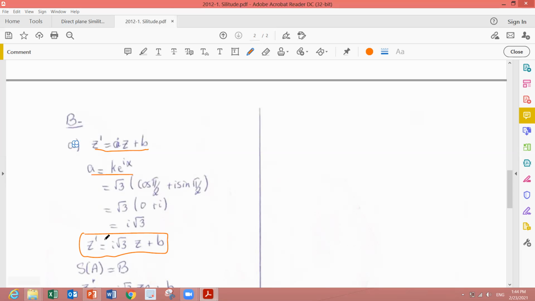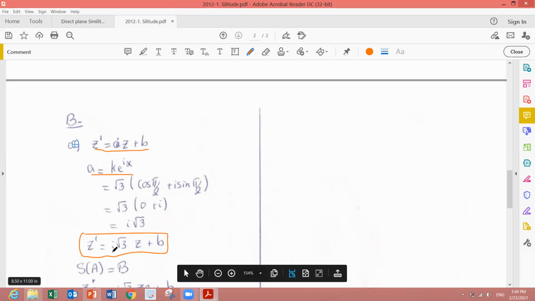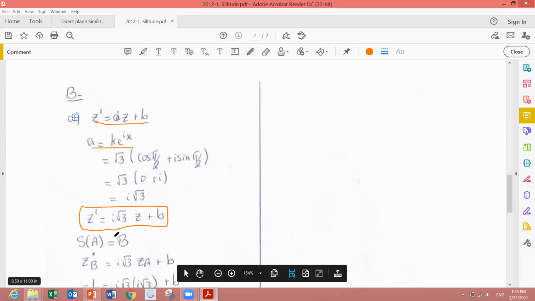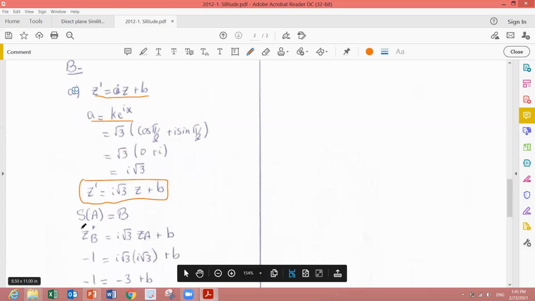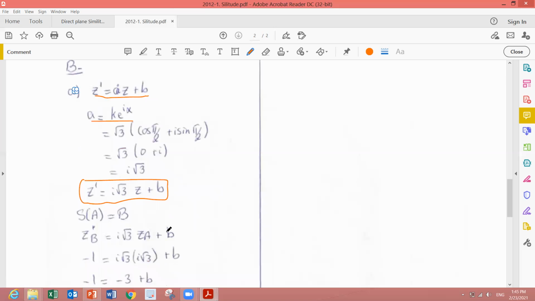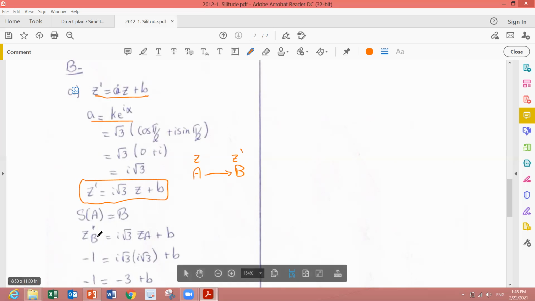To find B, I use S of A equals B. Use ZB equals i radical 3 ZA plus B, since the image of A is B. This one we put as Z, and this one we put as Z prime. So in place of Z prime we put Z prime, Z.